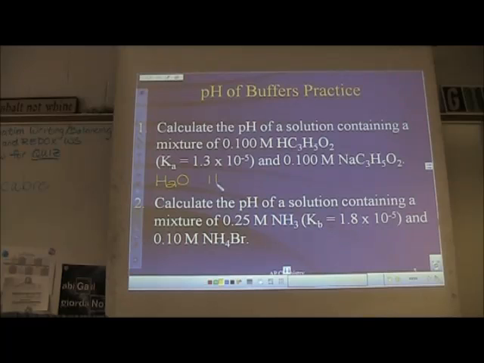Weak things, you keep them together. What about this? Should I split it up, yes or no? Why? It's a salt. Salts dissociate. So, write them separately. So, we've got 4 major species.